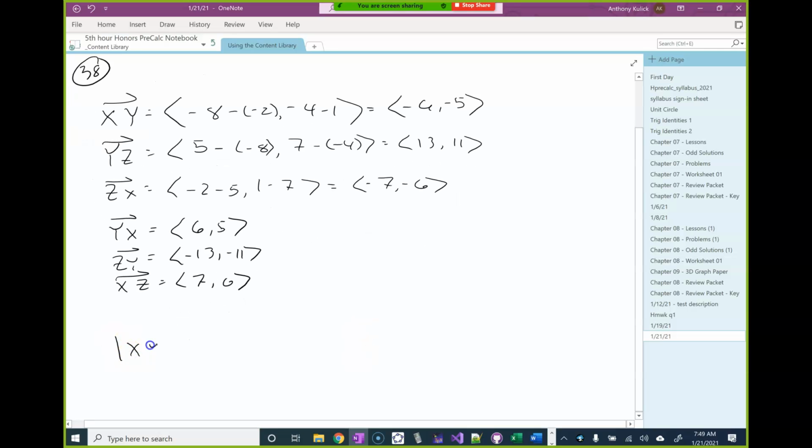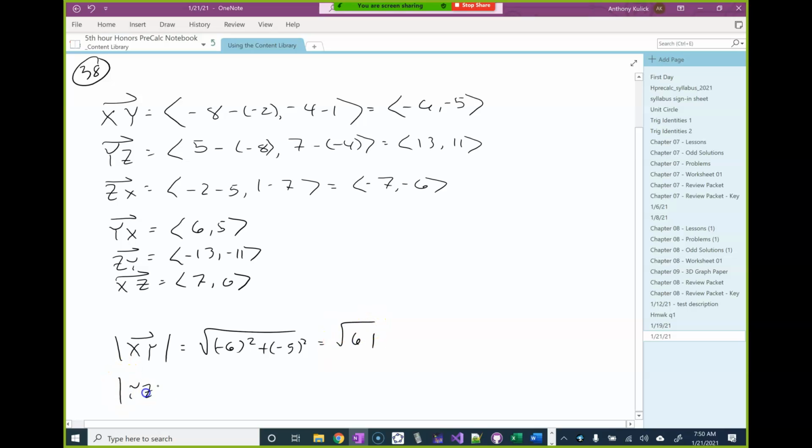So the side lengths are easy to get. We can just do that magnitude formula, because the magnitude of the vector is going to be the same as the side length if the vector is representing one side of our triangle. So let's see, 36 and 25 is 61.